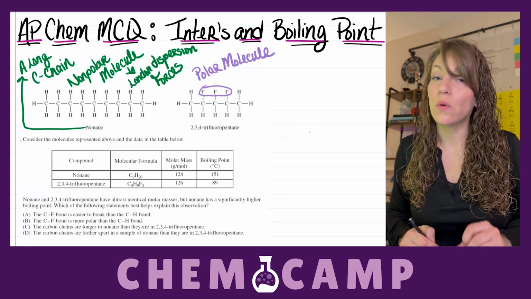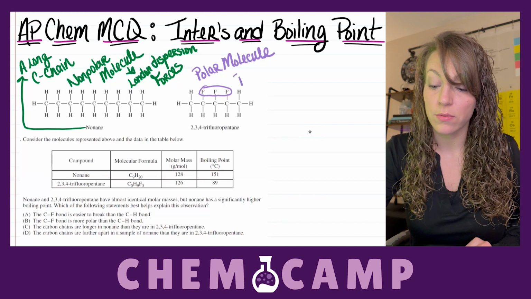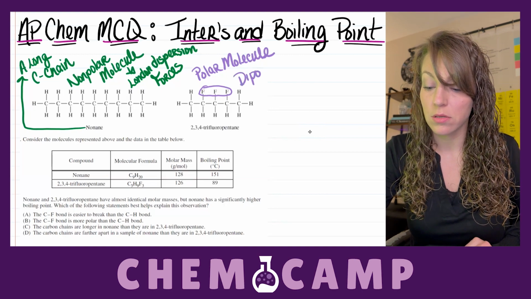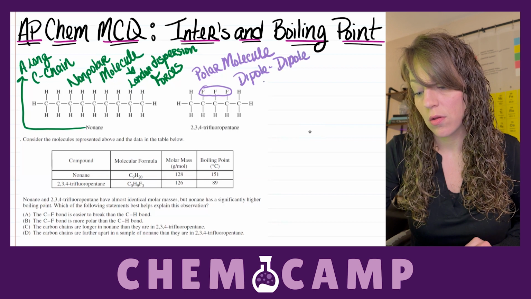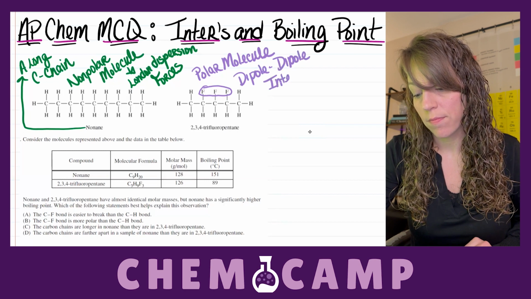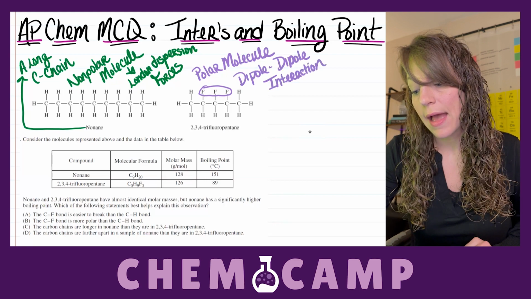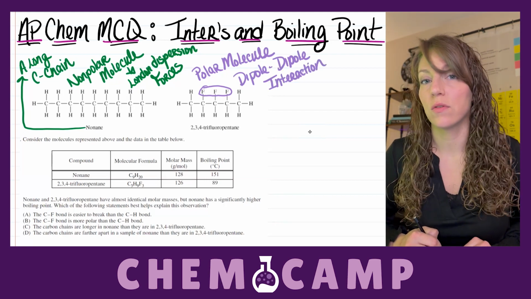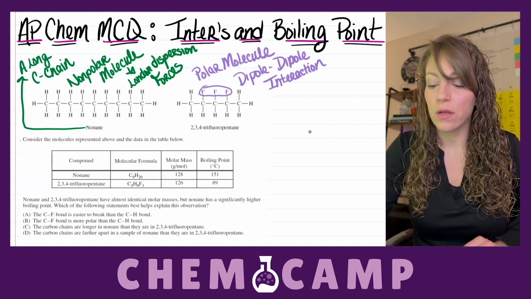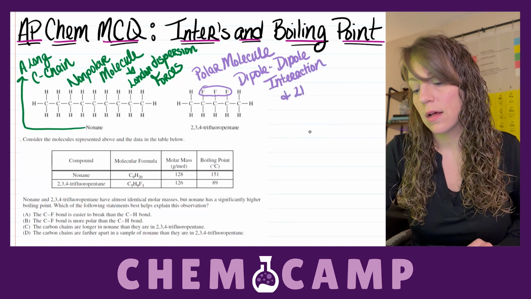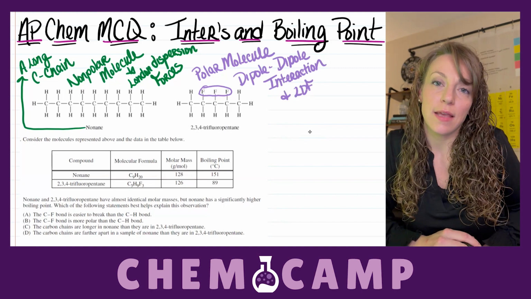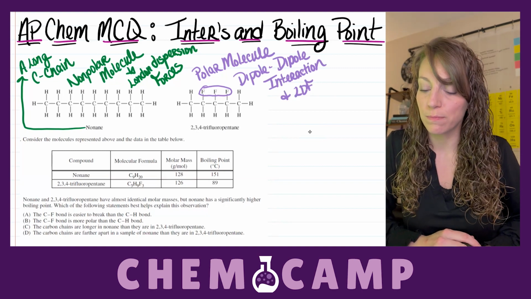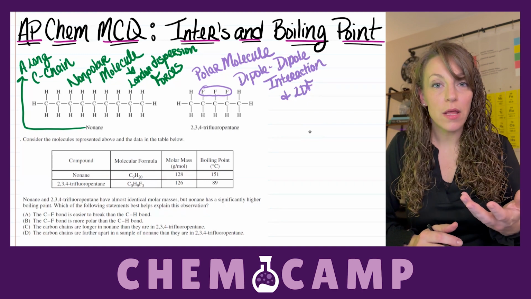So here it's only going to experience dipole-dipole interactions as its primary intermolecular force. It could also experience London dispersion forces as a secondary intermolecular force. So those are the molecules we're dealing with.